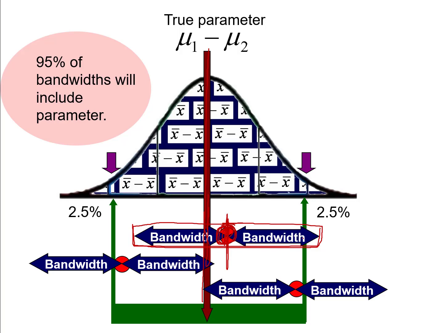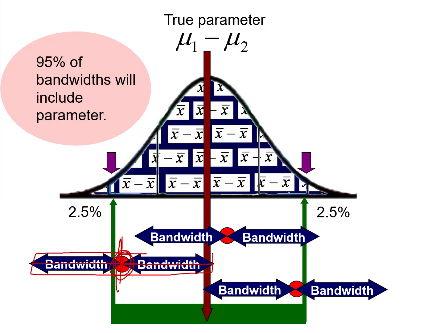Or we look down a bit lower here, this middle dot, or the dot towards the left. That would be I do a study and calculate a mean difference, and this study gets a mean difference that's quite a bit lower than the true population parameter. But note that if I put the bandwidth around this mean difference score, that bandwidth still includes the true population parameter.